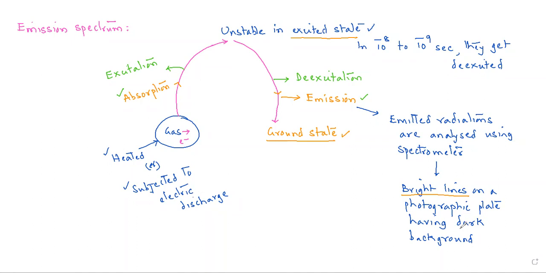And to see bright lines, you cannot see them on a bright photographic plate. You have to use a photographic plate which is dark. So this is very important. In emission spectrum, bright lines can be seen on a photographic plate having dark background. It is observed when heat energy is supplied or electrical energy is supplied.